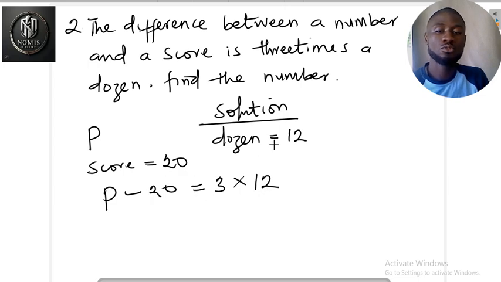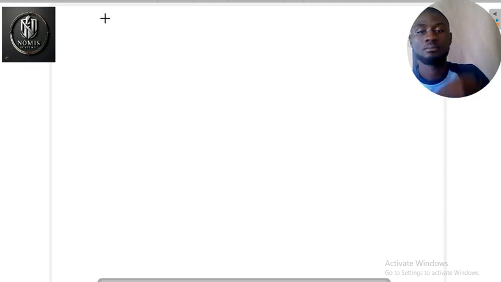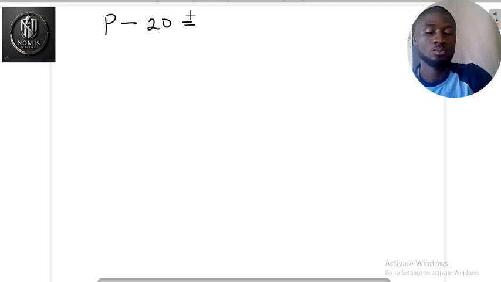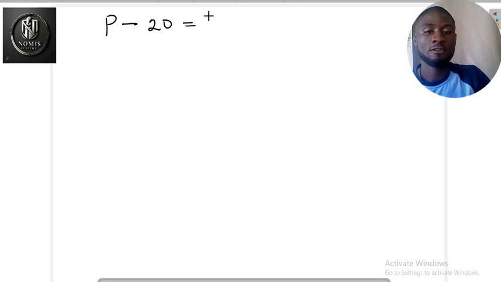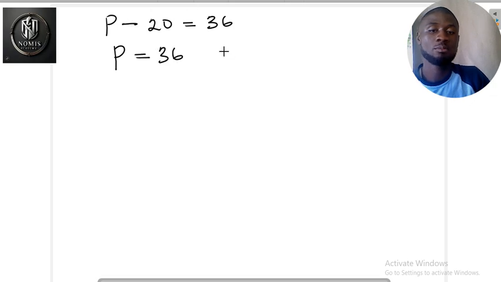So let's solve further. P minus 20 equals 3 times 12, which gives 36. Then P is equal to 36 plus 20, because the minus 20 goes to the other side and becomes plus 20. Therefore, P is equal to 56.